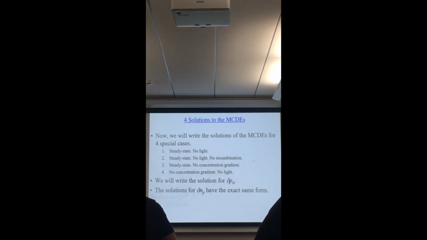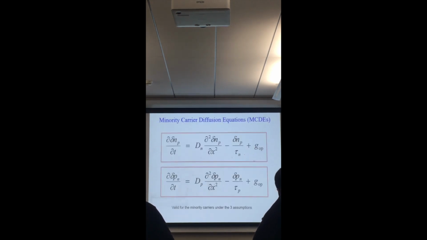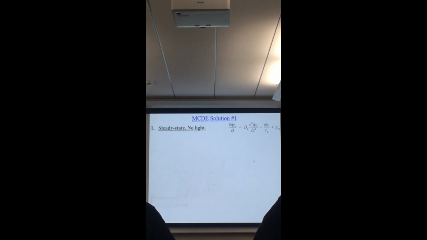For these four special cases, we will write the solutions for this delta p sub n, and this delta n sub p will have the exact same form. These excess terms are the same. Any questions so far? Okay, good.